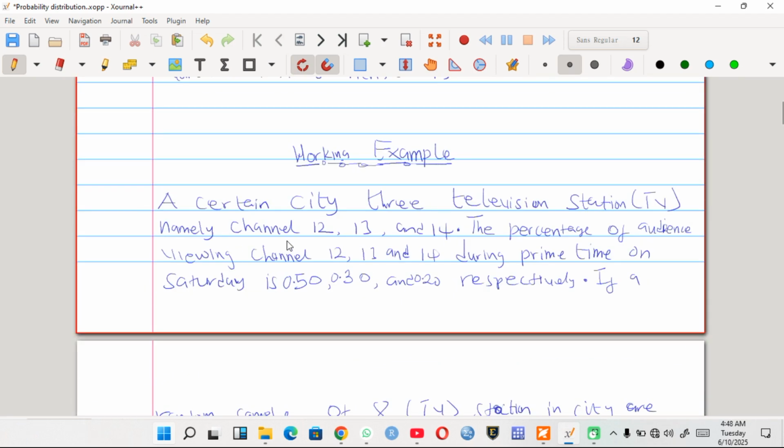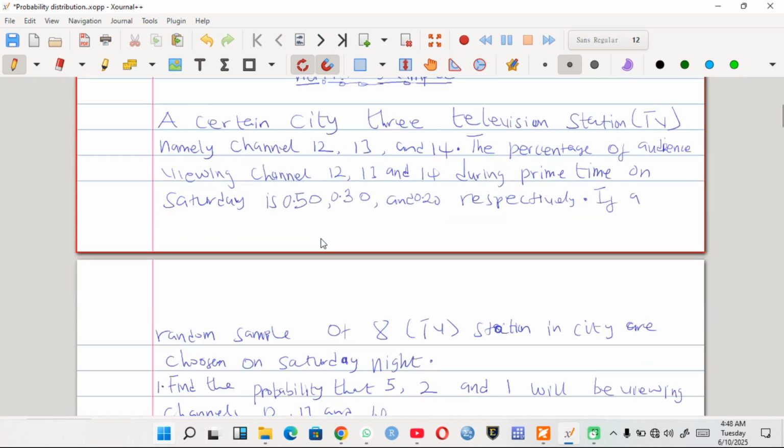So we have been given this preamble, right, with a sub question. So we have to deduce. You will see that at the end of the day we have been given 3 probabilities, which are assigned to a television station that people view in a certain society, right? So you have channel 12, 13 and 14, and for channel 12, it's telling us that we have 0.5 of people watching.